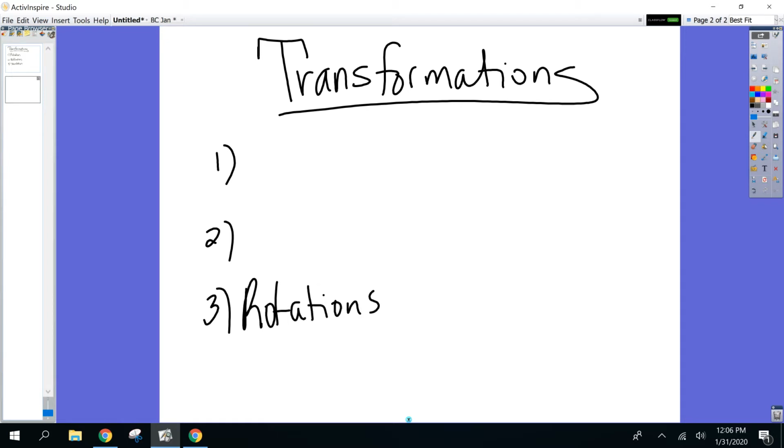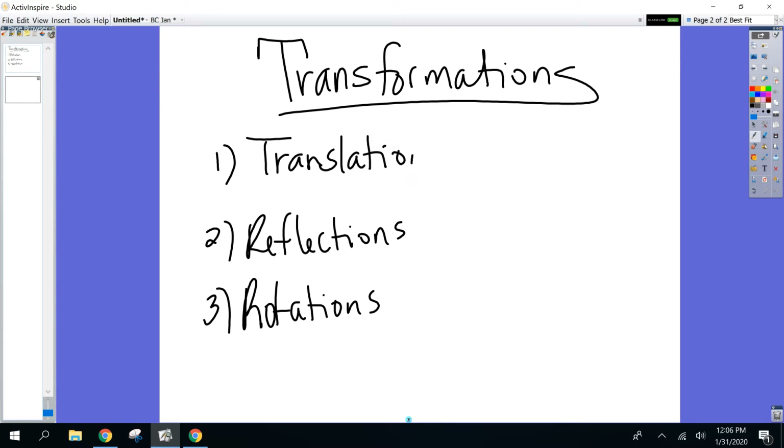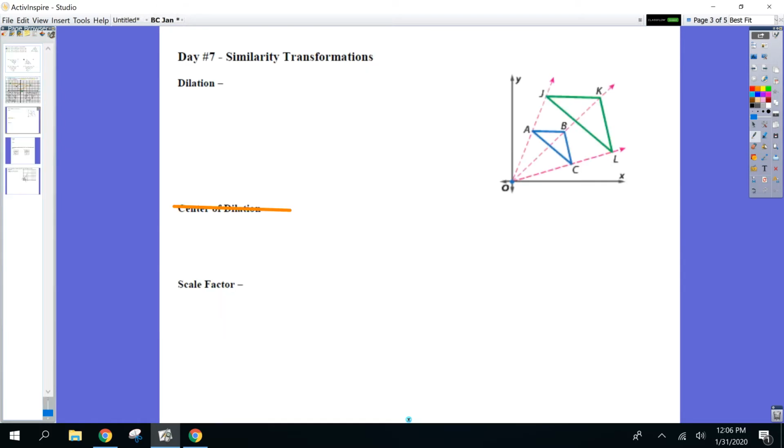Followed by reflections. Yep, that will remain congruent. And translations. And I think once we came up with these three, I said, hey, aren't we missing a big transformation up here? And that was dilations. You're right. Dilations don't make triangles congruent, but they do make them similar, which is the unit we are in right now.